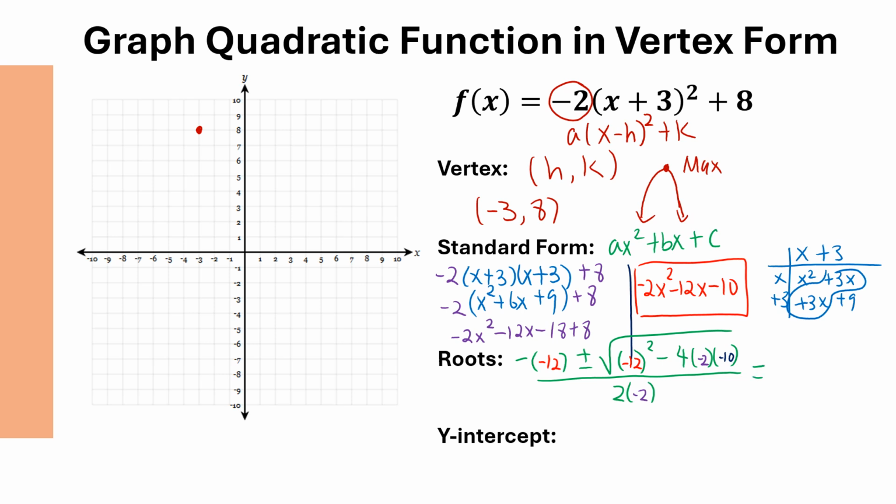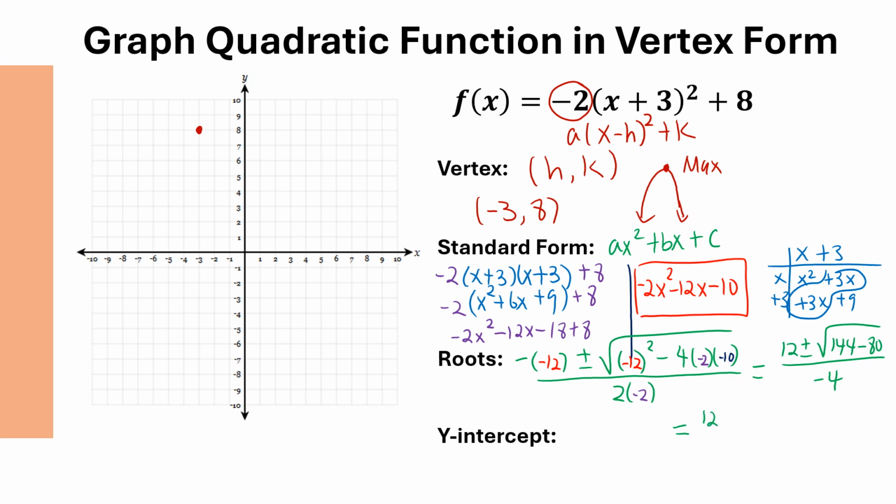So negative negative 12 is the same thing as positive 12 plus or minus square root of 144. Negative 4 times negative 2 is positive 8 times negative 10, so that's negative 80, over 2 times negative 2, that's negative 4. And now I can simplify this further.